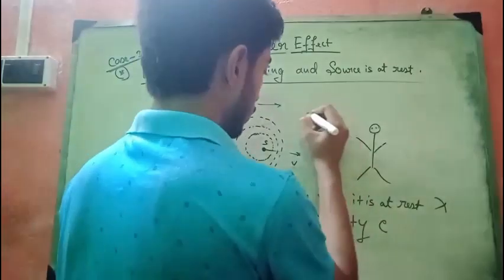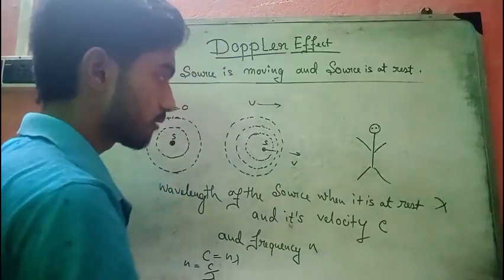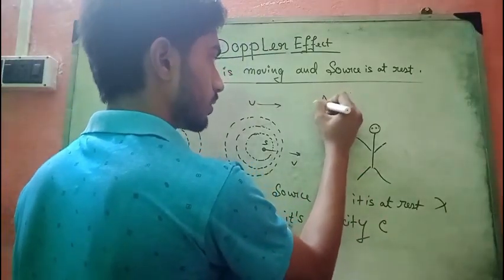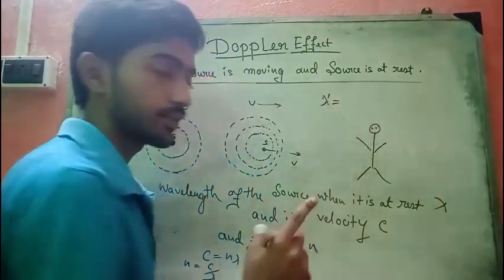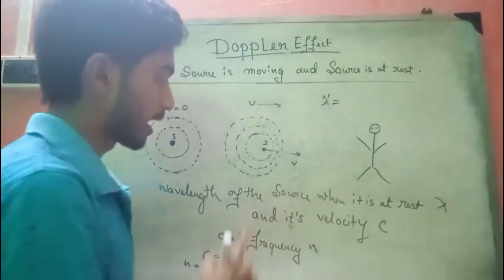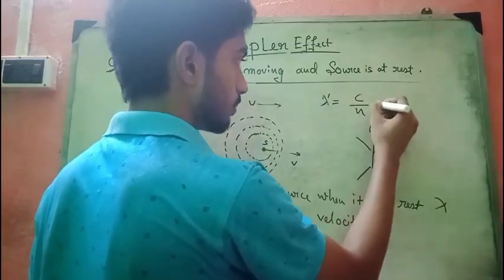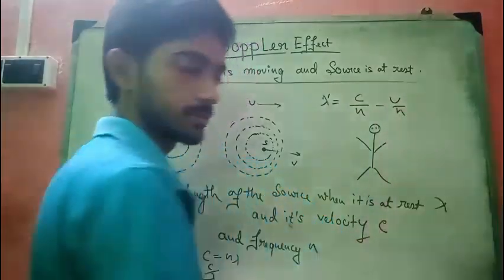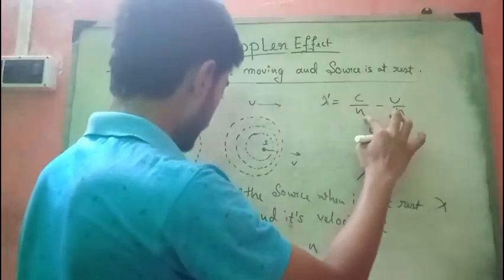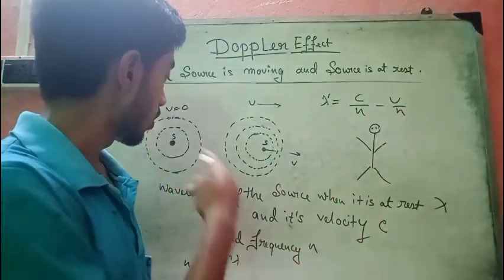So now let's assume the changed wavelength is lambda dash, which equals c by n minus v by n. So what is n?